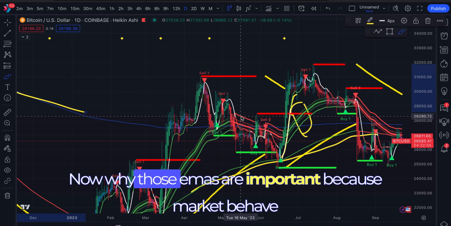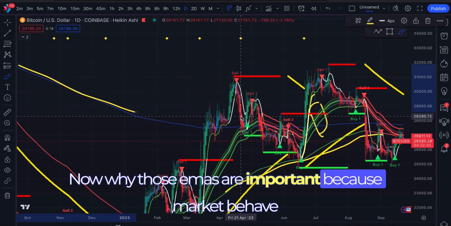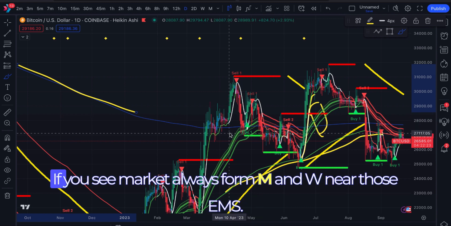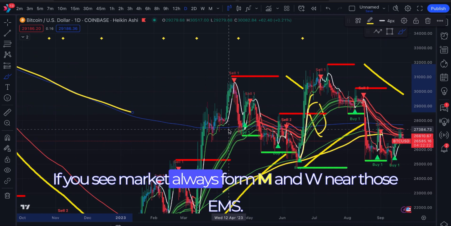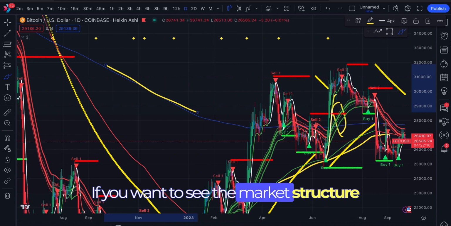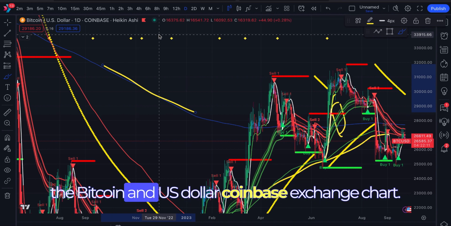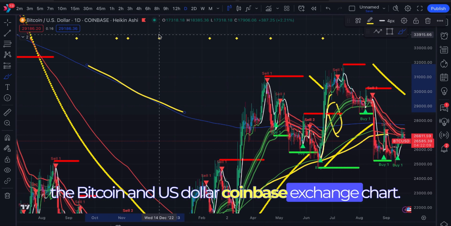Now why are those EMAs important? Because the market behaves differently at those EMAs when they create a structure. If you see, the market always forms M's and W's near those EMAs. If you want to see the market structure on this chart, by the way, this is the Bitcoin and US dollar Coinbase exchange chart.